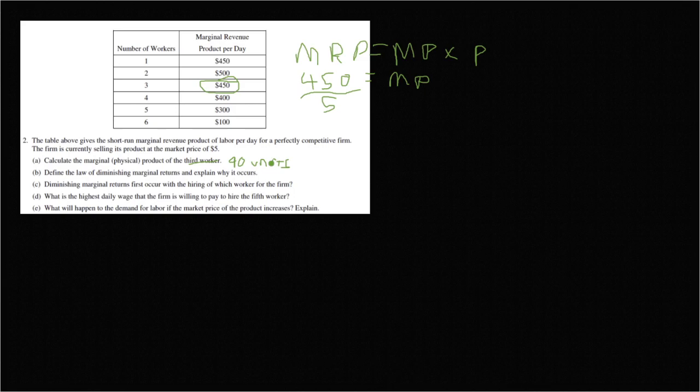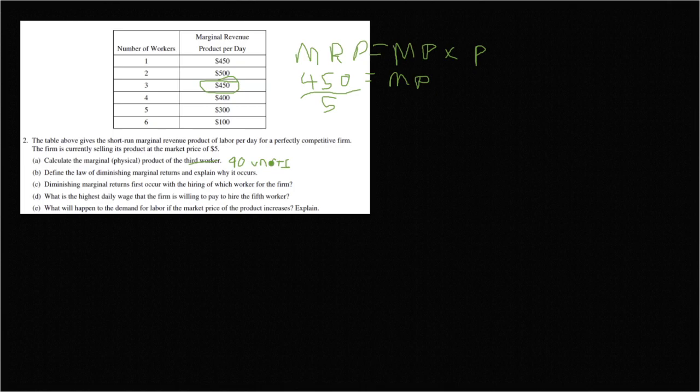It occurs because of the overuse of the fixed input. If you have too much fixed input, you can't generate increasing output. You have a limited number.